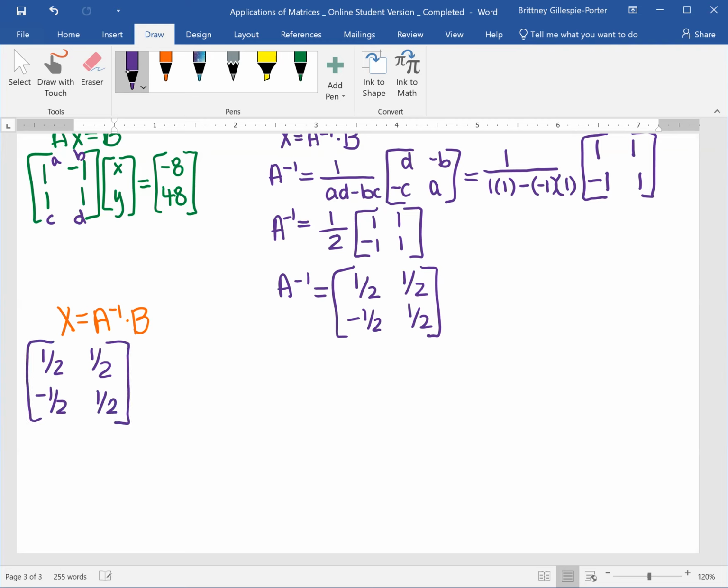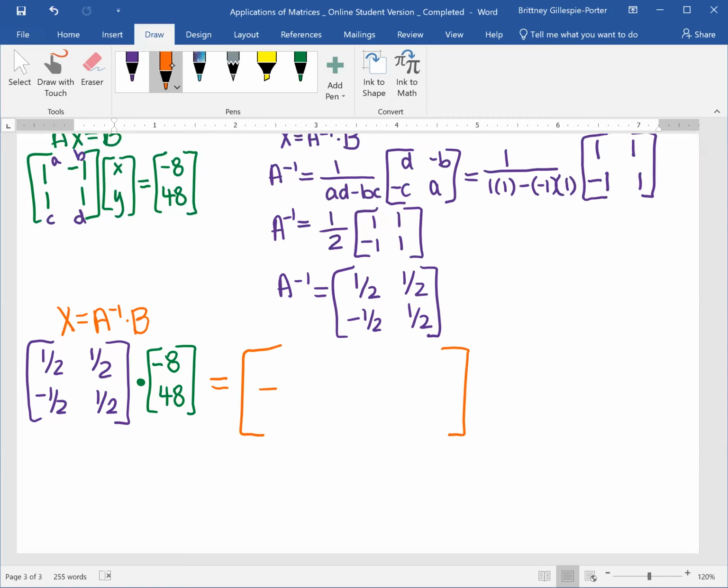Everybody else is positive. And we're going to multiply that by B, our constant matrix, what these were set equal to. We have a 2 by 2 times a 2 by 1, which means we're going to wind up with a 2 by 1.